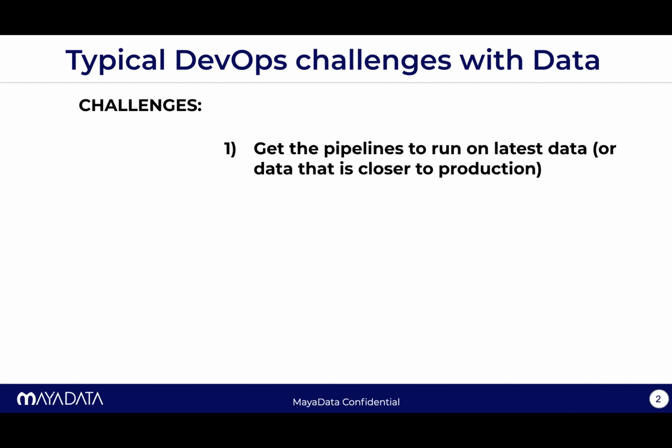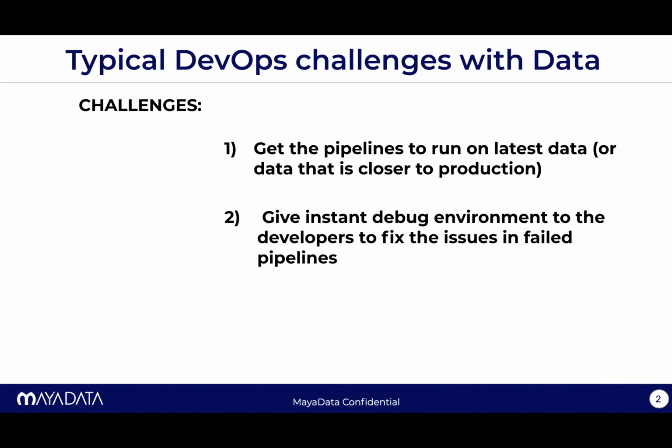The data always keeps changing because it's in production. You want your code to be tested on data that is closer to production before putting your code into production. That means you need to run the pipeline on the latest or closer to the latest data.